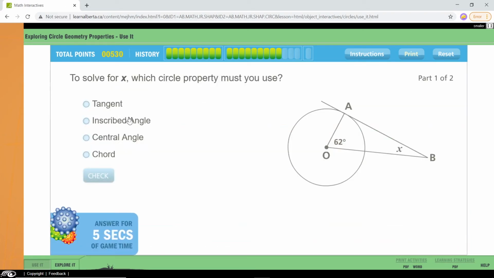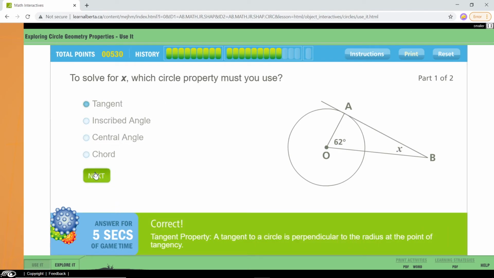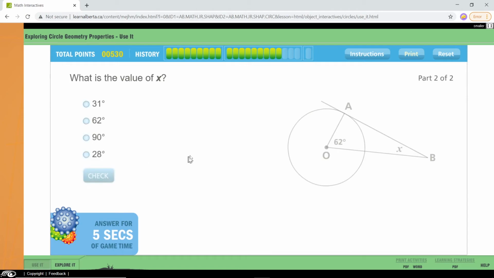Okay, to solve for x, which circle property must you use? As you can see, there's also a straight line that touches one point of the circle. So we assume this is using the tangent property. Alright. Okay, what's the value of x? So in the property of tangent, since this is a right angle, this angle is 90 degrees.